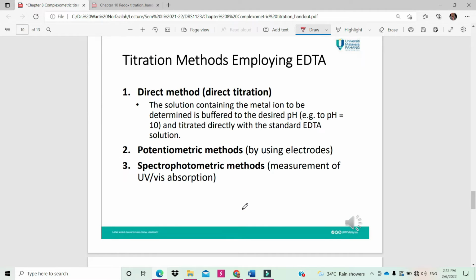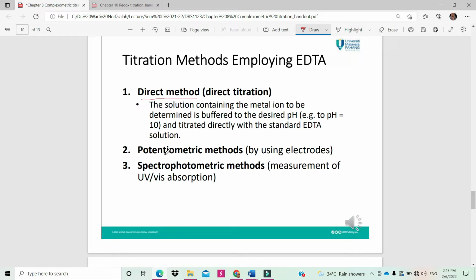Titration methods employing EDTA, okay, similar to precipitation titration. There are a few titration methods employing the EDTA. Okay, it's either the direct method. Okay, direct method. You can directly titrate the titrant and titrand.